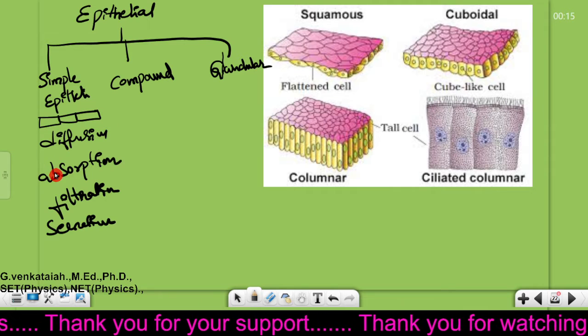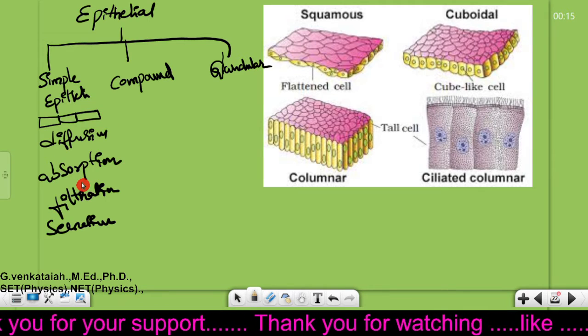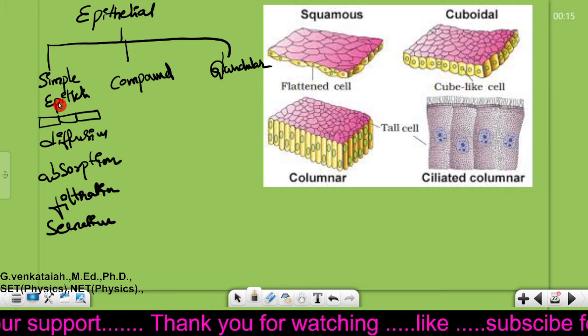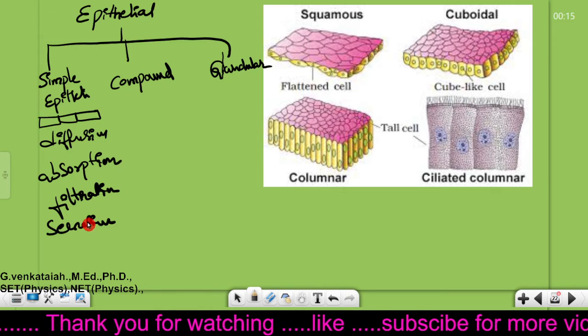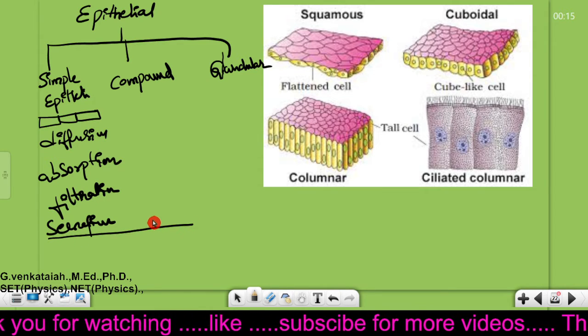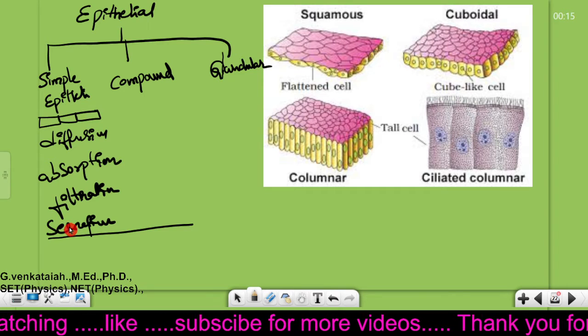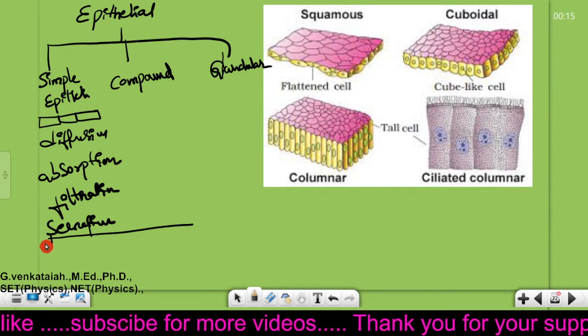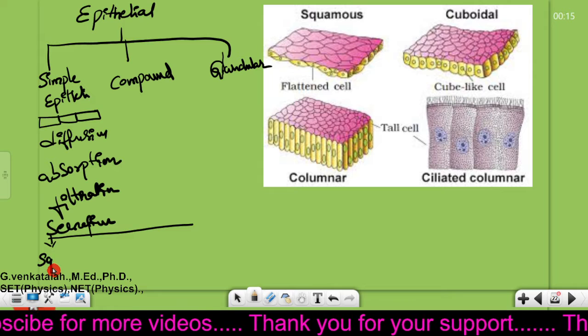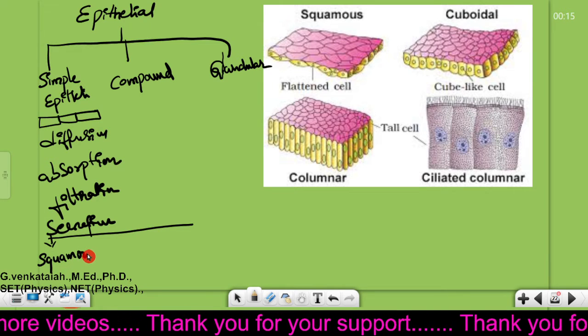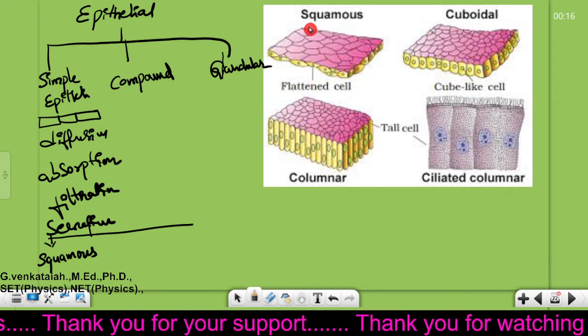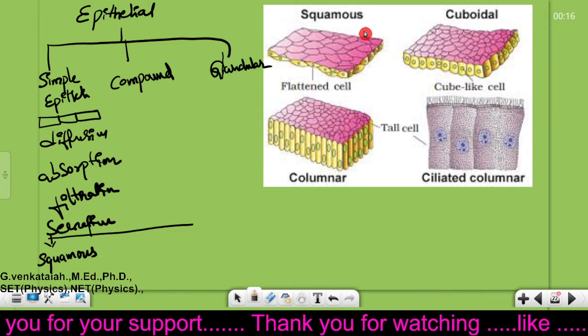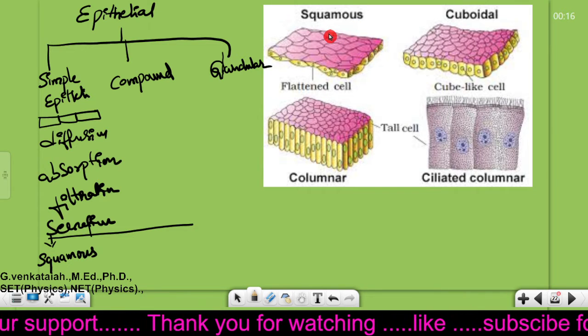Depending upon the structure of the cells, simple epithelium is also classified into three types. First, simple squamous epithelium.